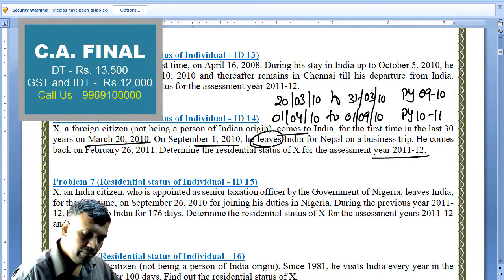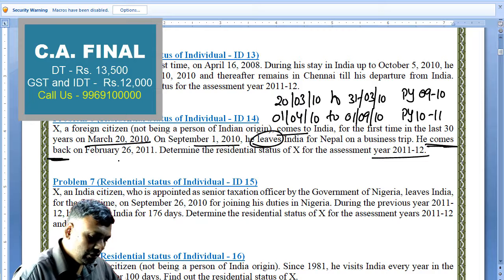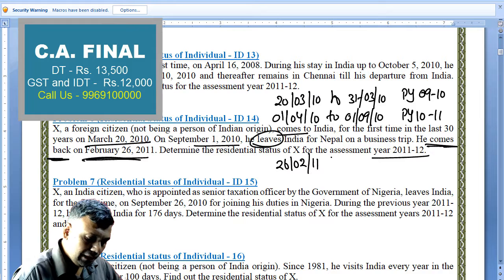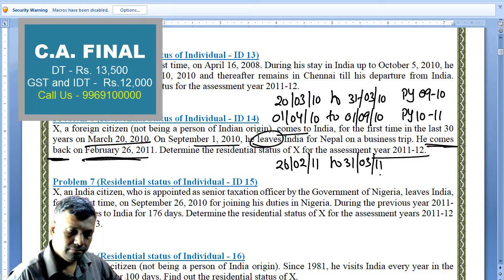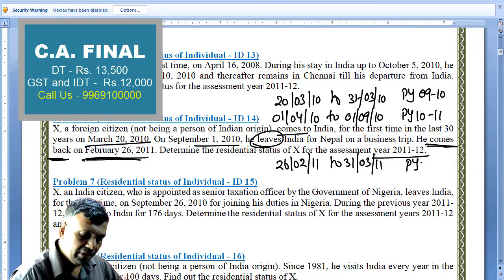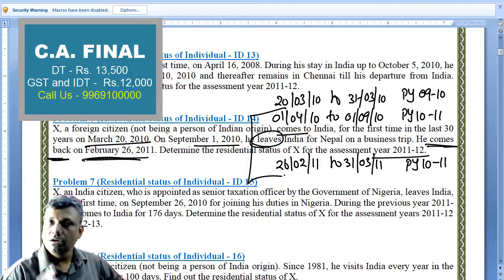Then he has left. Then he again comes back on February 26. So 26 February 2011 to 31st of March 2011 will again be previous year 10-11 only. So in previous year 10-11, he has got 2 visits.